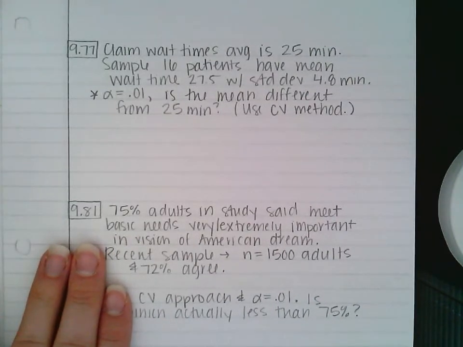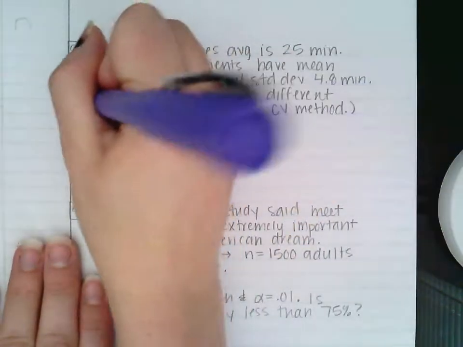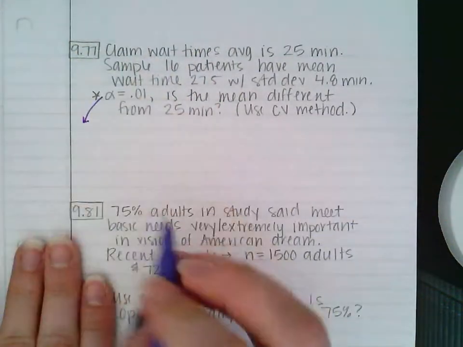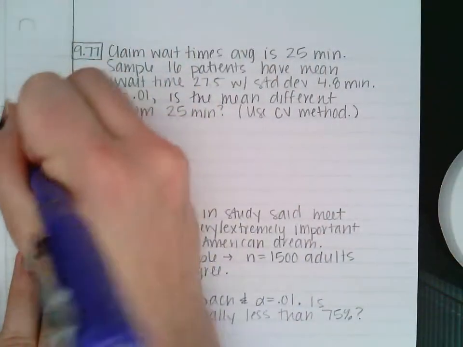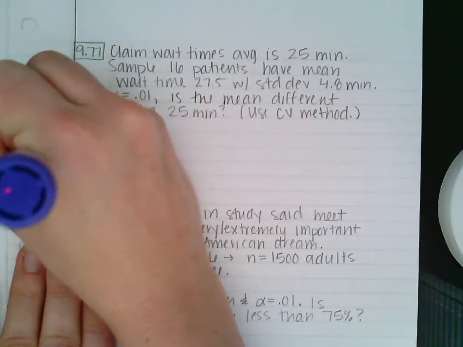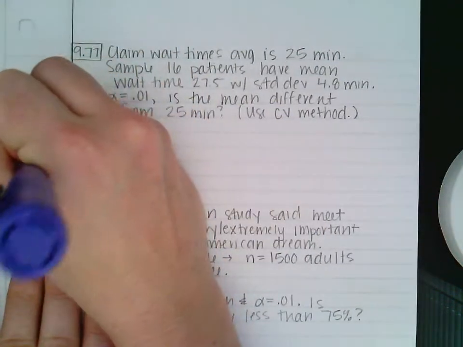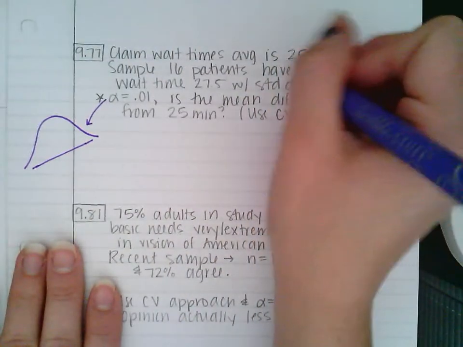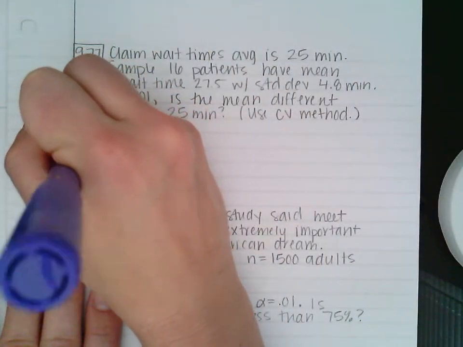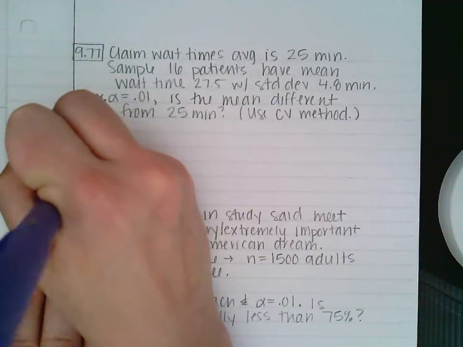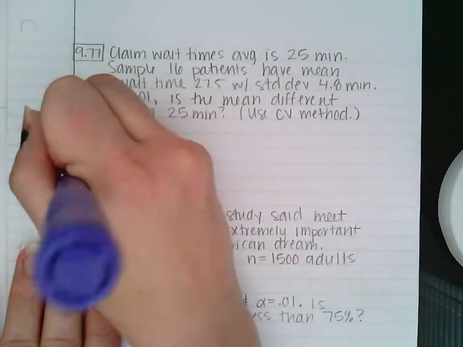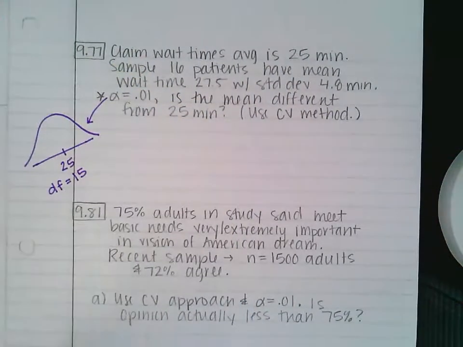So let's look at this alpha first. 16 patients, we do have degrees of freedom that we want to look at. Okay, so the average is 25, and my degrees of freedom for this T distribution is going to be 15. Let's go ahead and look at that here.